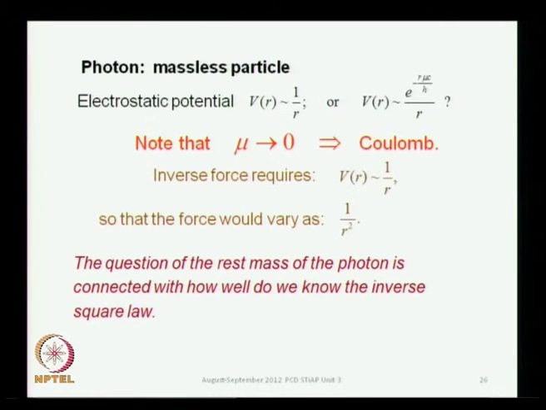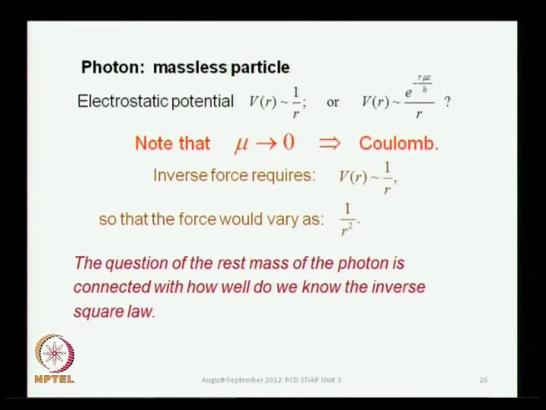Now, what is interesting is that the mass going to 0 is linked to the Coulomb's law. If one or the other was different, you would find some incompatibility between these two relations.